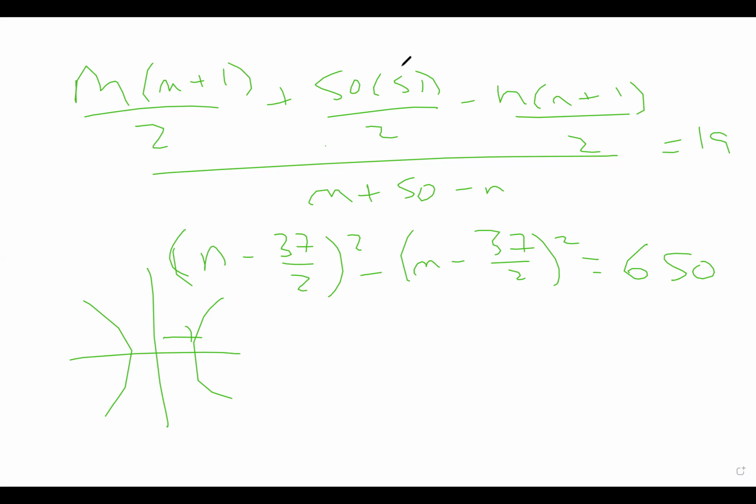I plugged it into a program called Desmos, which I know you're not really supposed to do during AMC, but I know many of you probably used a computer anyway.